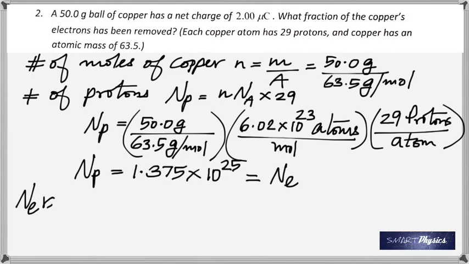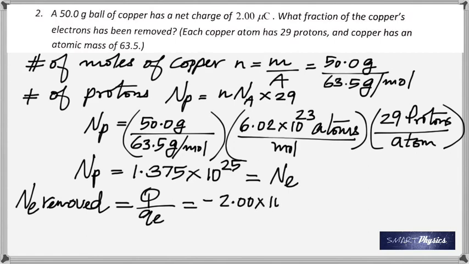And that we know, which is our question number 1. I don't want to take too much time on that. Number of electrons removed is the charge divided by the charge of an electron. Because it's in microcoulomb, it's 10 to the negative 6, and then divided by the charge of the electron.